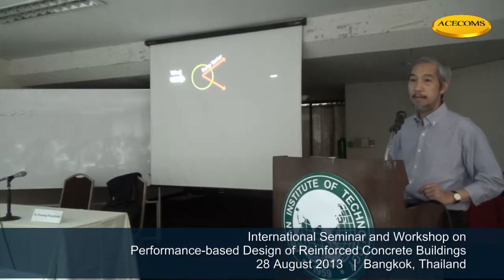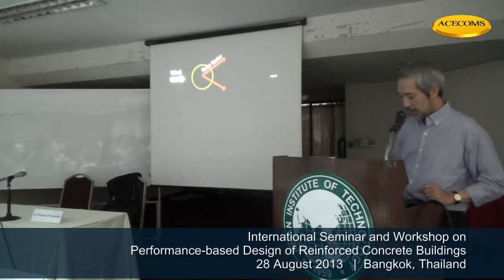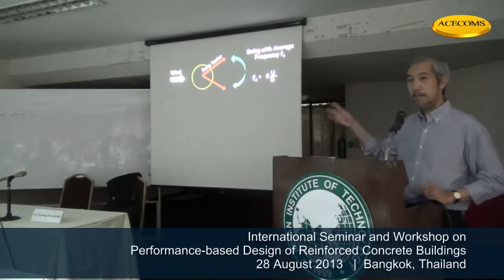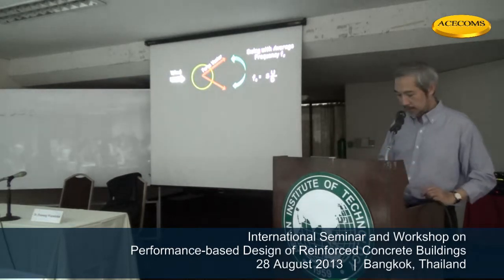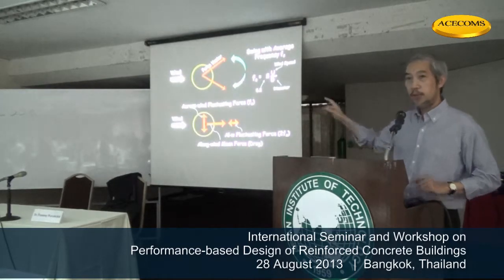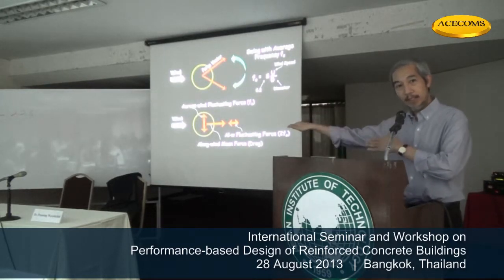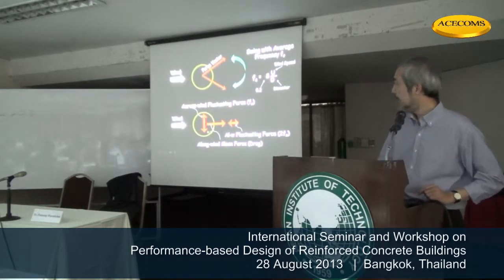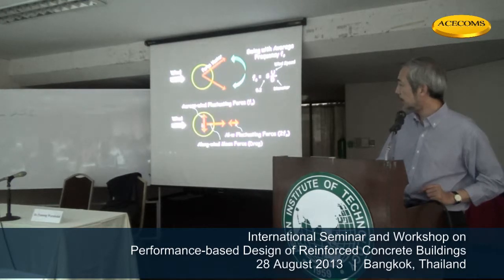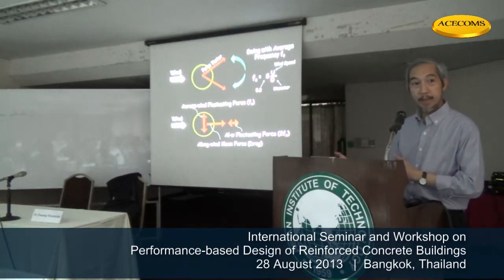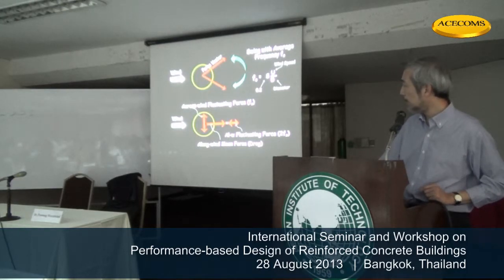So suppose you have a swinging force vector up and down. It will create a kind of impact on the structure. We can break it into two components: the force along the wind direction and the force across the wind direction. The across-wind component will be larger than the along-wind. In fact, if you look at the total force, the along-wind force will be higher, but the fluctuating part is small.